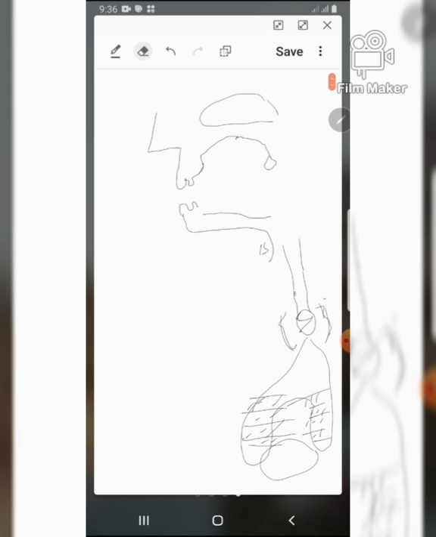So what the IPA did is that they named all the consonant sounds according to the passive articulators, because all the active ones are predictable. For the upper lip, the lower lip will come.